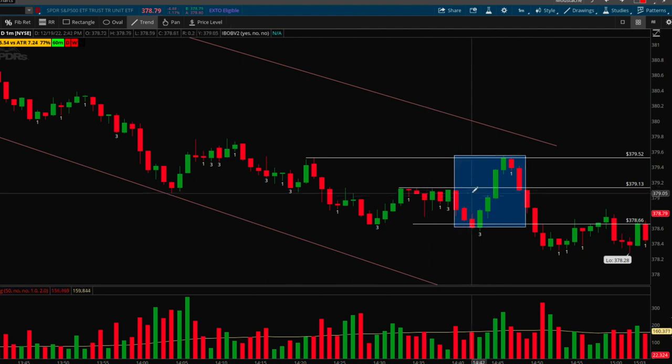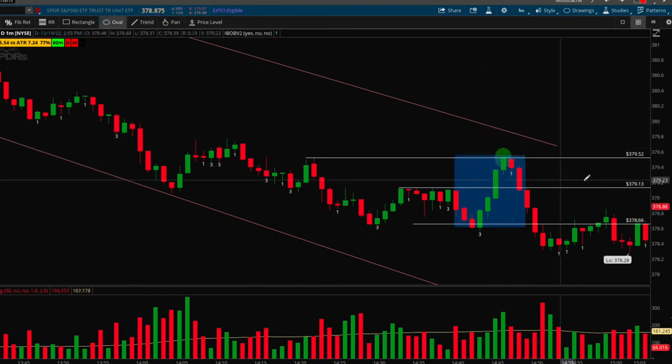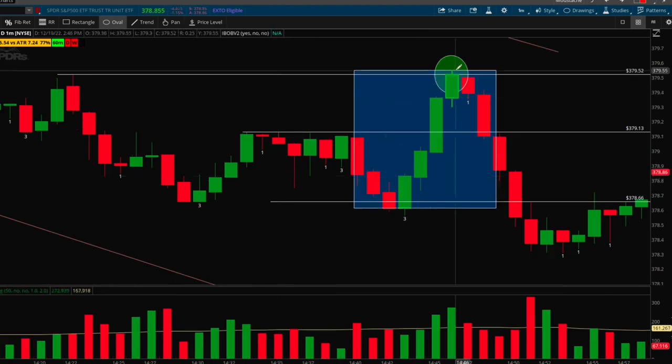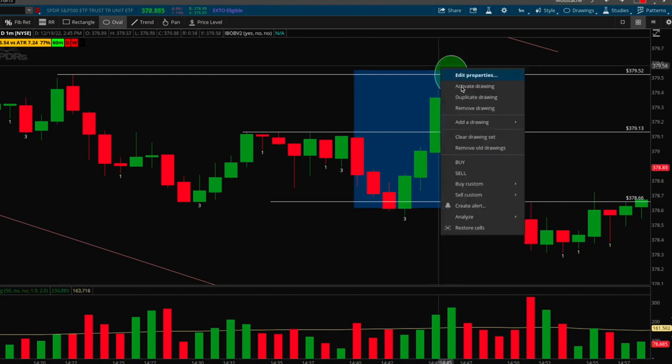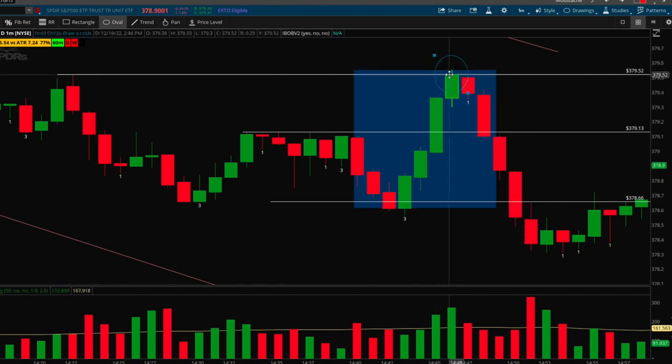We wait for this high to break, and maybe even this one. This one's a good one too, that's why I marked it. You can see even ever so slightly broke above, tiny little wick, but buyers are still getting trapped there, right? And sellers are getting in. So what do we have right there? Right at that high? An inside bar.